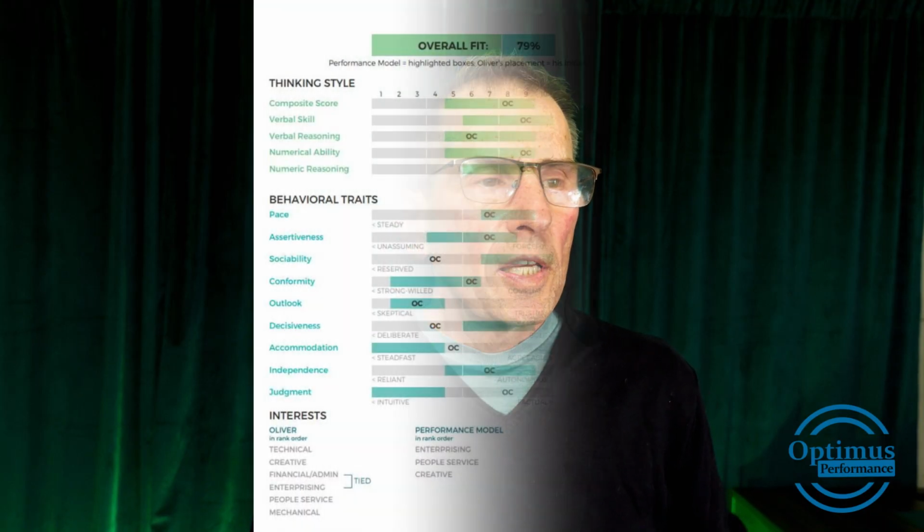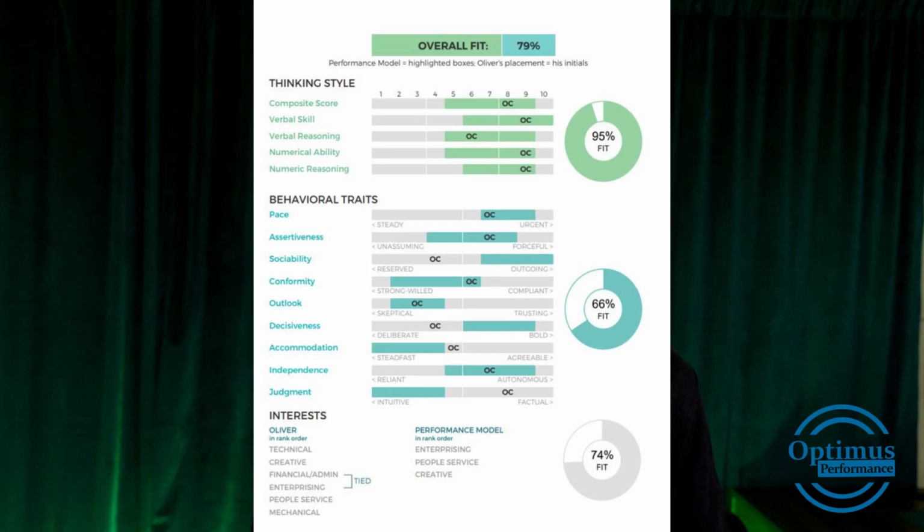Here is the management report, and you could see that it differs because you have shaded areas on each scale. And that's what we mean by normative. Normative means we're norming somebody to a group of people or to a model.